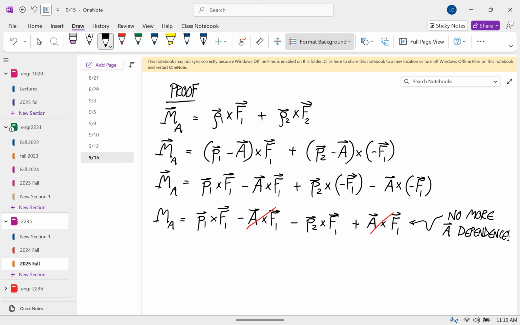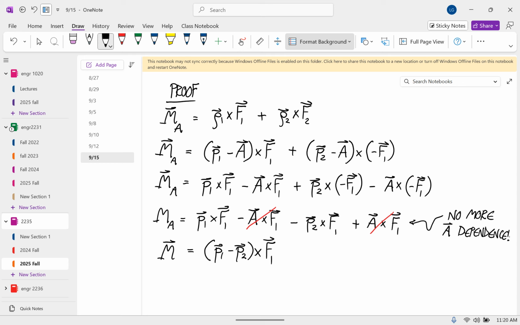And now I can clean it up a little bit, but the result is I'm going to take A off of this moment because it doesn't matter anymore. And I'm going to regroup these and write it as P1 minus P2 quantity crossed with F1.